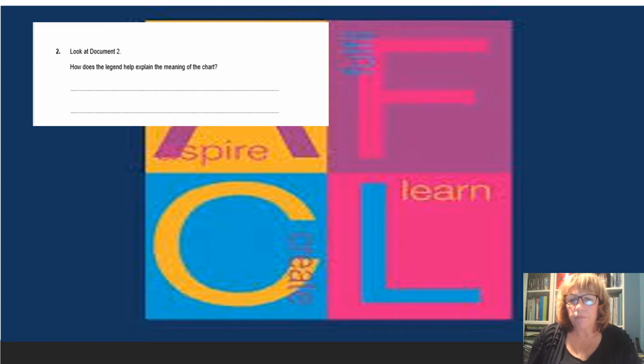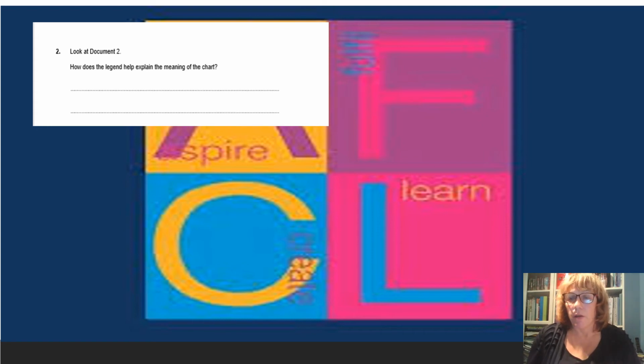However, if there's a word you don't really understand, you're not quite sure how it fits, put it to one side and look for the other important words. So the key words for me in this question is explain the meaning of the chart. And I think if you did that, it wouldn't have mattered whether you knew what legend was or not.